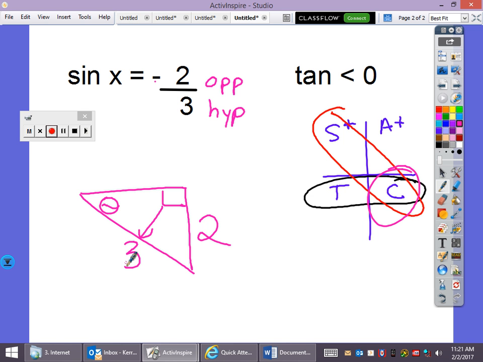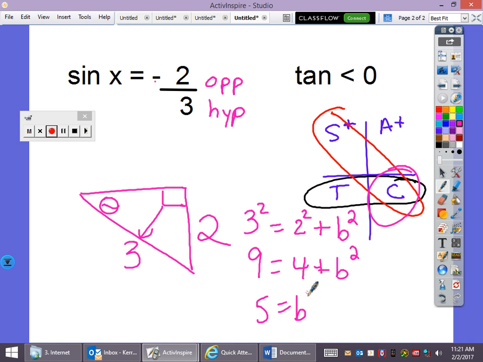So I have 3 squared equals 2 squared plus b squared. 9 equals 4 plus b squared. 5 equals b squared. So b is going to be the square root of 5, and we can just leave it as the square root of 5. Okay, so now all 3 sides are labeled, and I can do my basic trig.